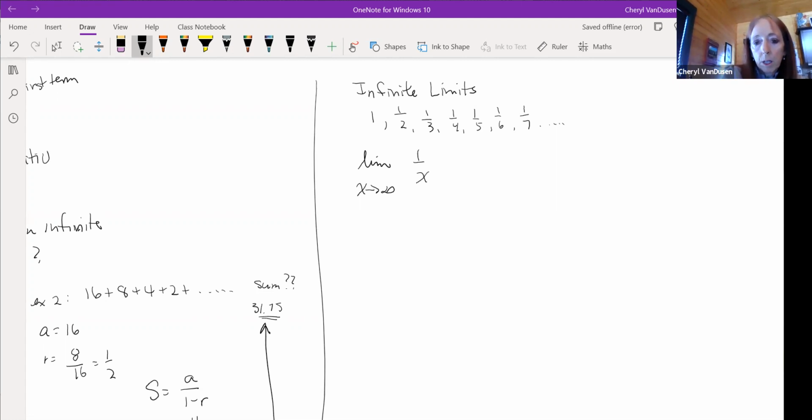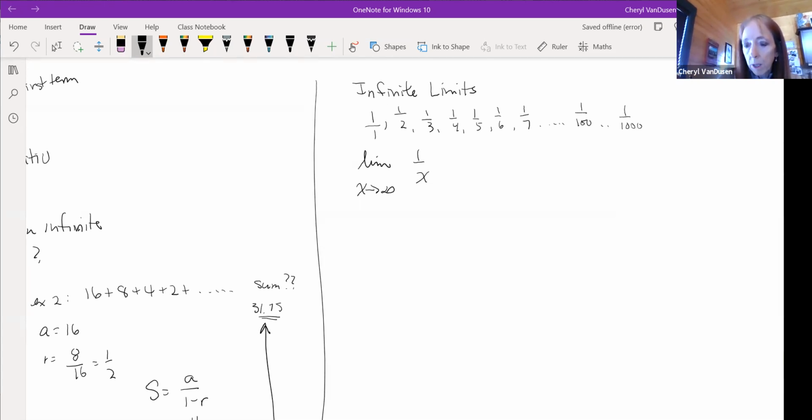We're saying, what's the limit of the expression 1/x as x goes to infinity? So what number do we approach if we put a larger and larger number in the denominator? That's the sequence of numbers up there: 1/1, the number underneath is 2, then 3, then 4, then 5, then 6, and 7. We could go on and on, 1/100th, and then 1/1,000th.